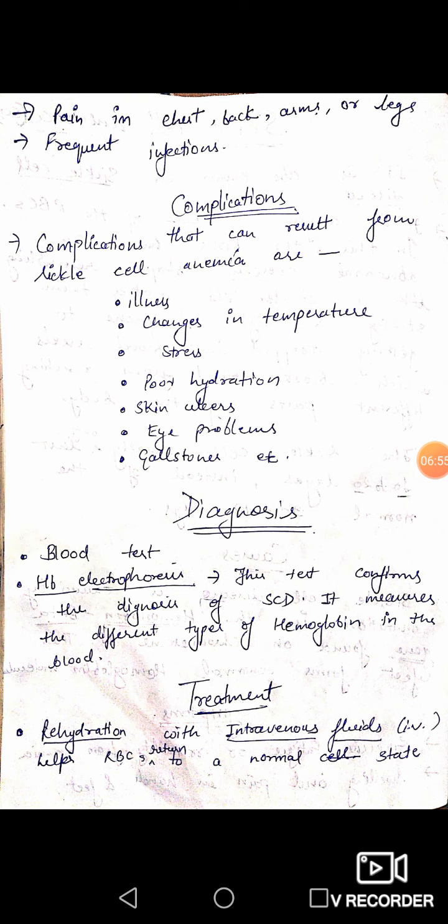This is the confirmation test for sickle cell disease. In it, we measure the different types of hemoglobin in the blood. Our blood consists of different types of hemoglobin, like hemoglobin A, hemoglobin A2, hemoglobin B, etc. Hemoglobin A is the major constituent of our blood.